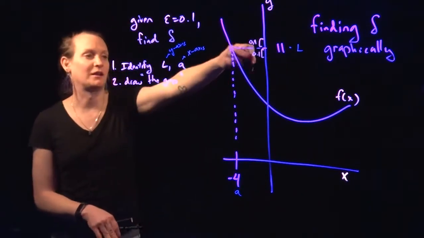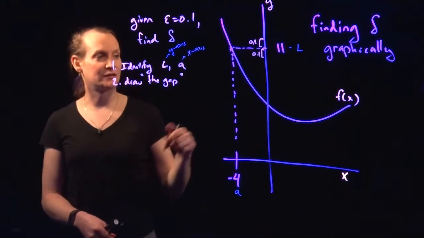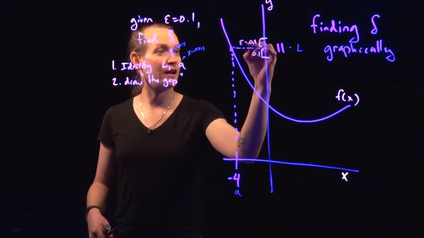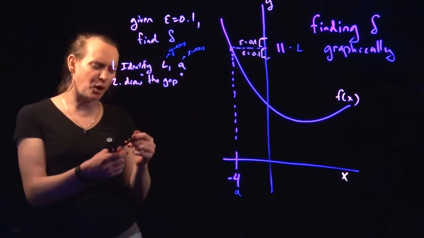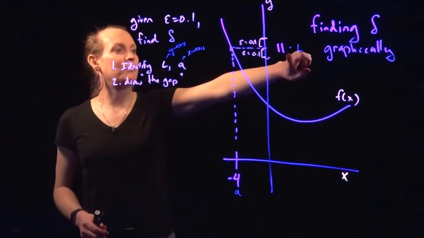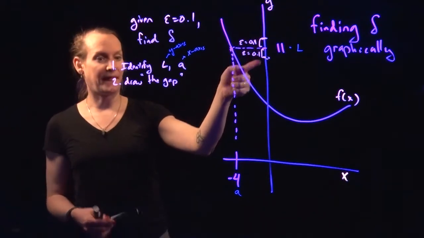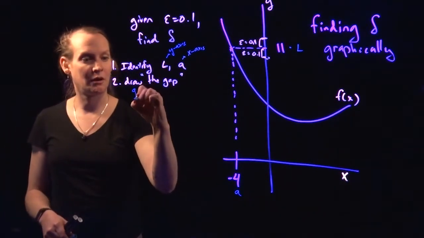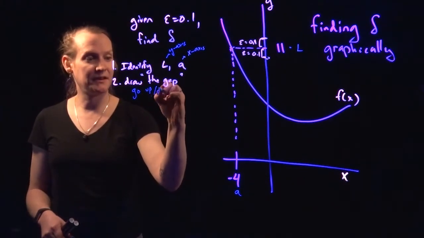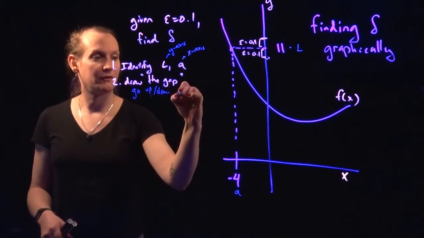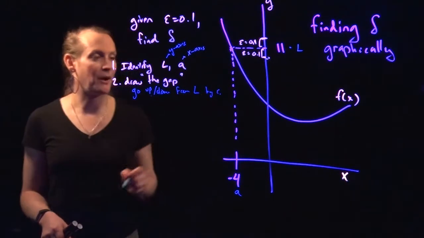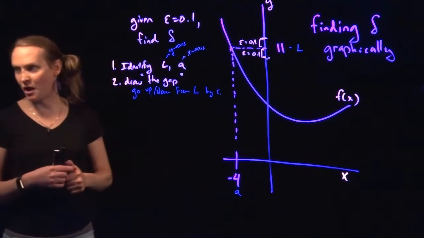I'm exaggerating the distance 0.1 on this because this is a training video. So that's where epsilon is. And I'm going in both directions from my L value, vertically above and below. So that's go up and down from L by epsilon, a distance epsilon from L.